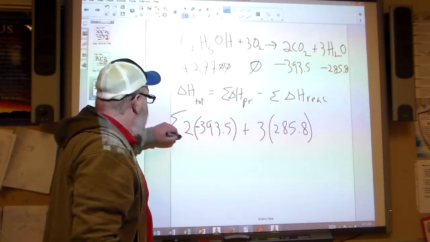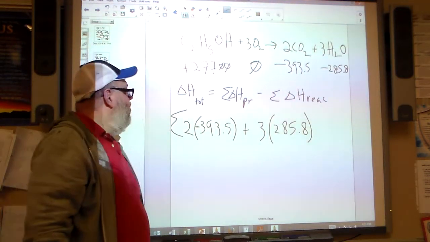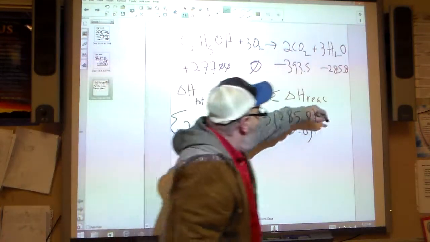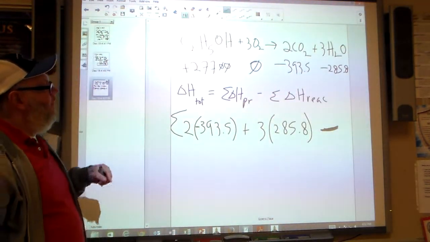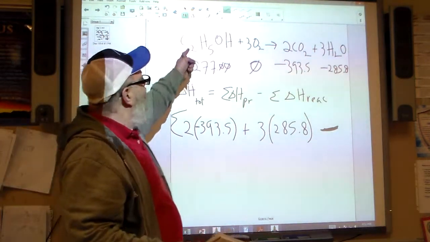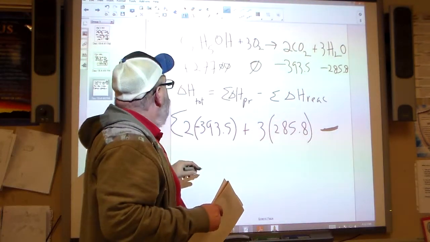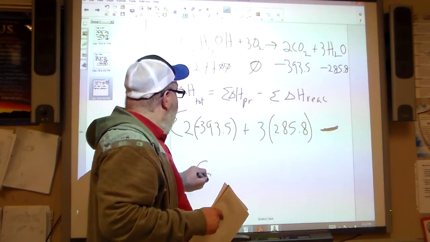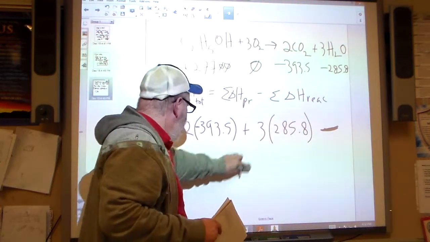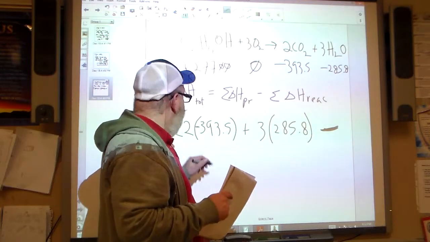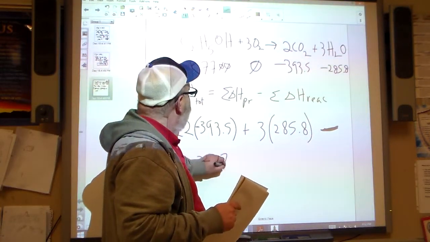That's the summation of this. Those are the products minus our reactants. Well, what is our reactant? We only have one of this ethanol, so that's going to be the number 277.0.